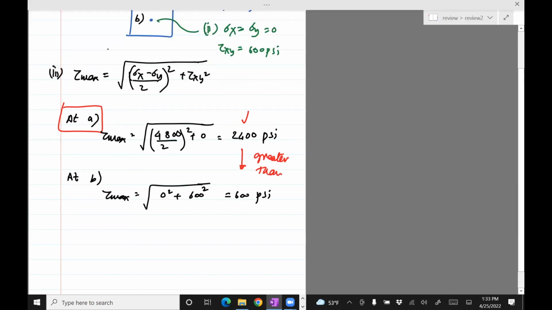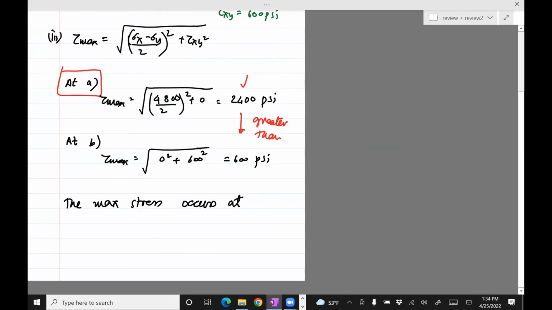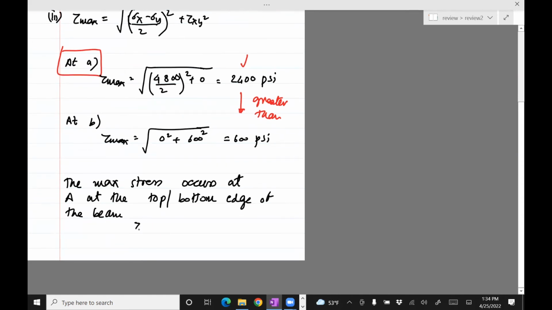So the max stress occurs at the point A, at the top or the bottom edge of the beam, and the value is 2,400 psi.